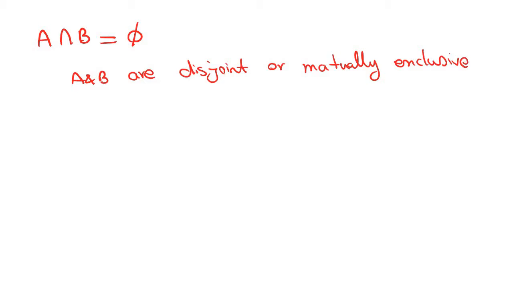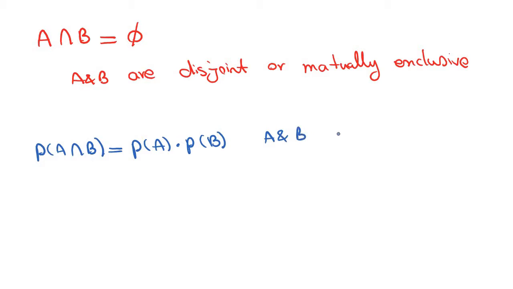But we should consider that this is not independence, because independence has a different meaning and definition. If probability of A intersection B equals probability of A times probability of B, we say that A and B are independent.